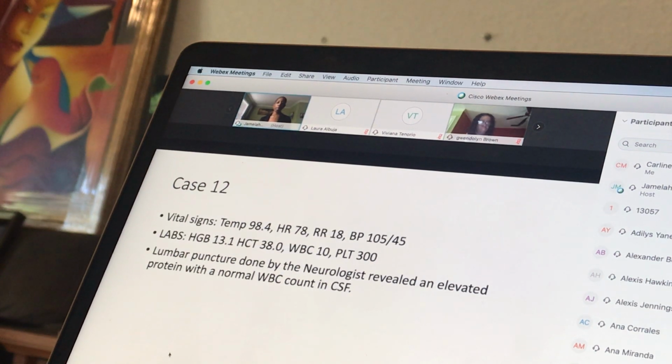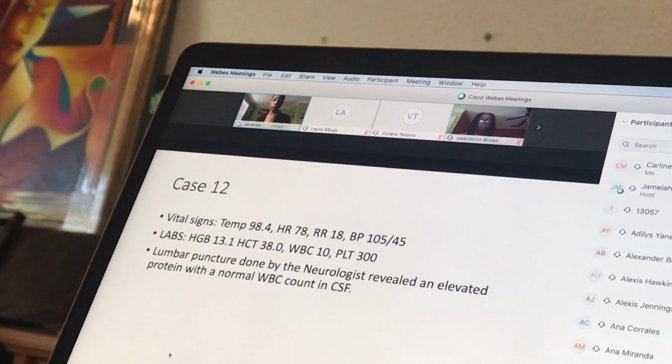These are her vital signs: temperature 98.4, heart rate 78, respiratory rate 18, blood pressure 105/45. Look at her labs: hemoglobin 13.1, hematocrit 38, WBC is 10, platelet count is 300. The neurologist does a lumbar puncture and it shows elevated protein and normal white blood cell count in CSF.